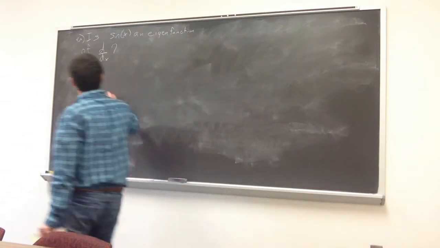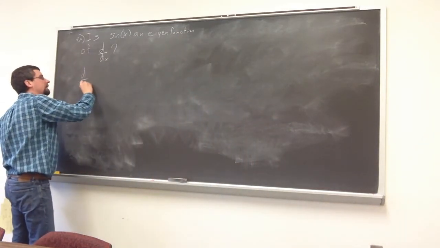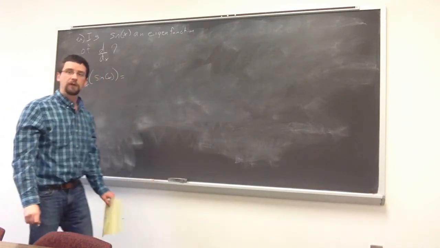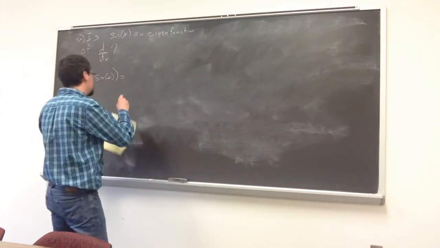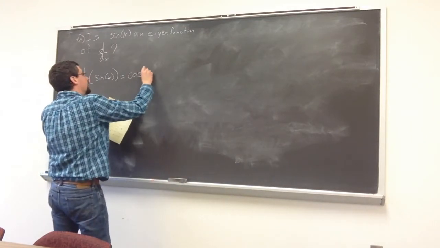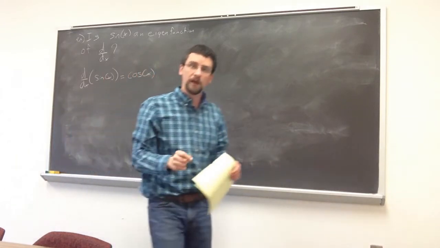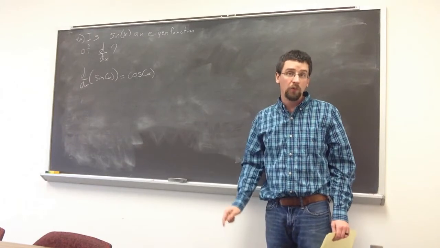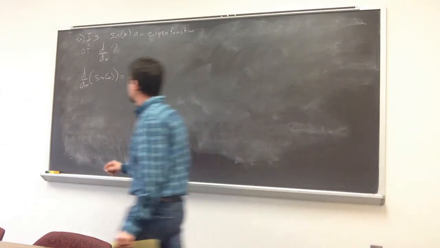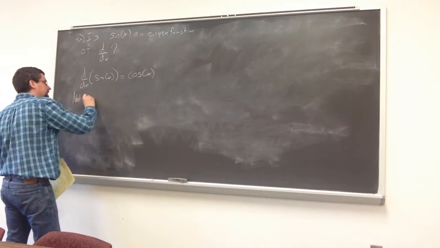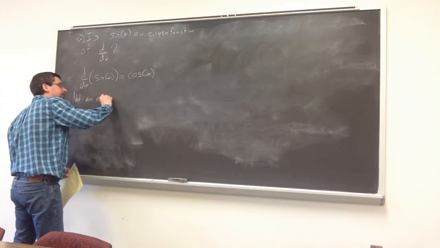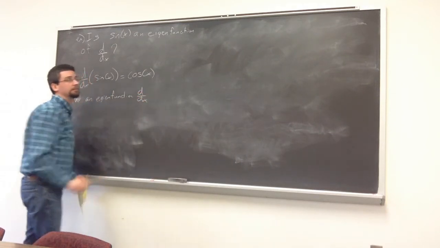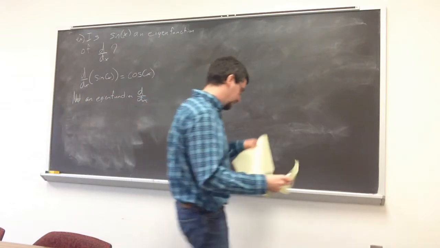This is pretty simple. d dx of sine x: if you take the derivative of sine with respect to x, it's going to become cosine x. Now we have to consider, do we get that same function back out? If we look, no we don't. So in this case this is not an eigenfunction of d dx.